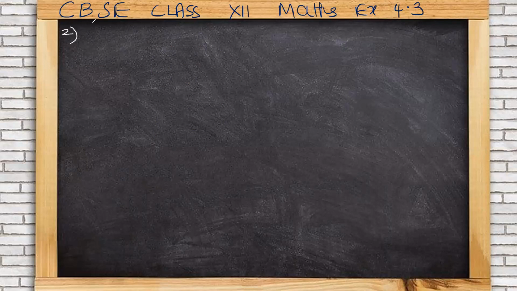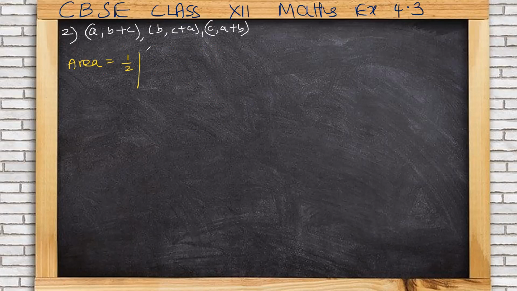Okay, so we have the points A comma B plus C, B comma C plus A, C comma A plus B. As usual, take that as x1, y1, x2, y2, x3, y3 and substitute in the formula. So we have area is equal to half into determinant of x1, y1, 1, x2, y2, 1, x3, y3, 1.